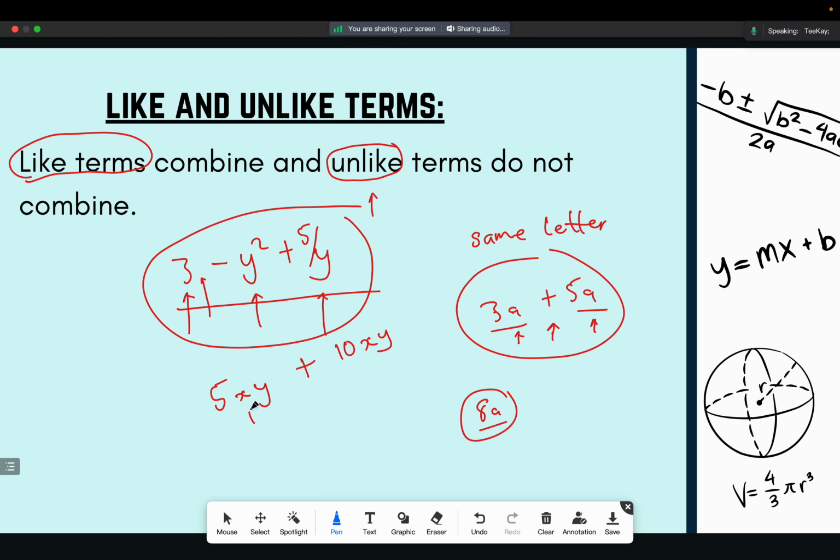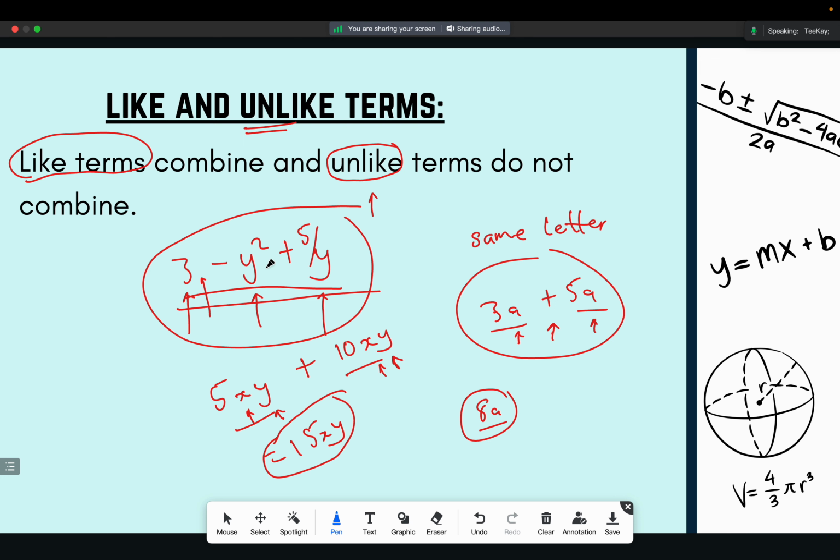These are like terms because we have the same letters here. So we can just add this and we have 15xy. So like I said, like terms combine. But if we have unlike terms, like this expression here, you cannot combine them.